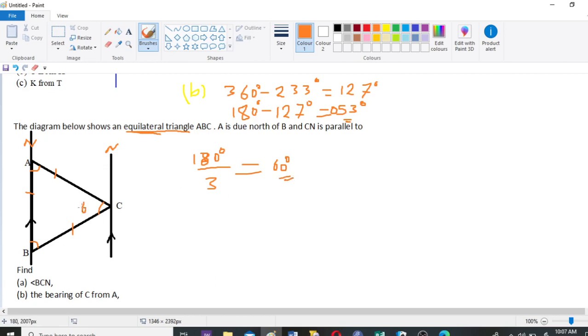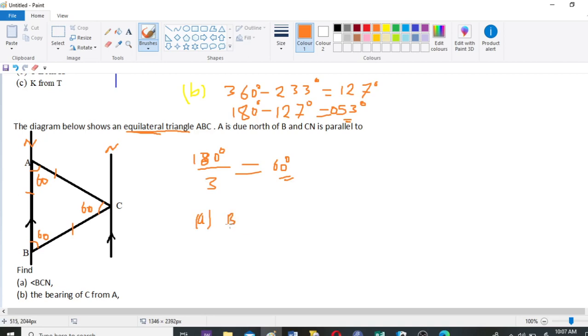We are going to get 60 degrees each, right? So this angle is 60 degrees. This one is 60 degrees. This one is also 60 degrees. So the question A, we've been asked to calculate the size of angle BCN.